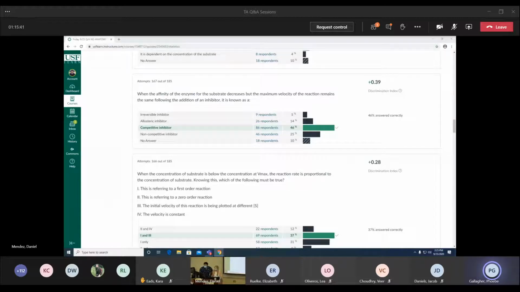So that's going to be a competitive inhibitor. It's not going to be an irreversible inhibitor or an allosteric inhibitor because it's binding to the active site. And then the non-competitive inhibitor would be the answer if we were talking about the maximum velocity decreasing with the affinity staying the same. So remember, affinity is associated with the Km value.